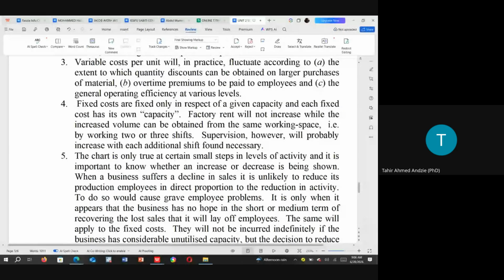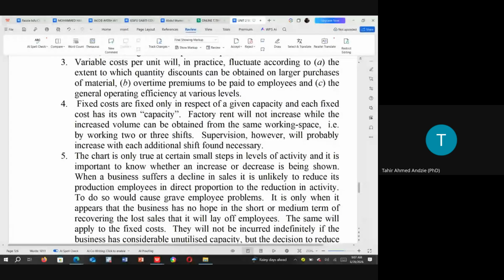Supervision, however, will probably increase with each additional shift found necessary. So we are saying that sometimes fixed costs only remain fixed for a given level of activity, for a given capacity. Beyond a certain capacity, fixed costs will change. We call that a step fixed cost or semi-fixed cost.